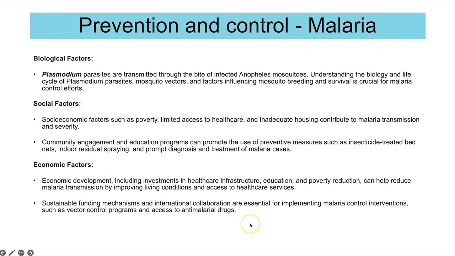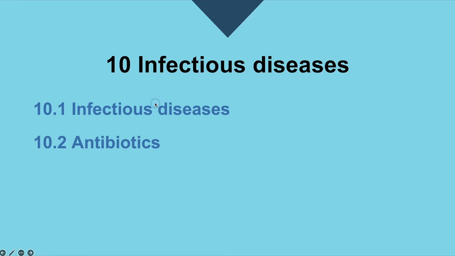To prevent that transmission, you can have medicines in advance, like antimalarial drugs, to try and prevent you getting the disease. But also things like insecticide treatments to kill those vectors, the mosquitoes, or bug spray to try and prevent yourself being bitten, and mosquito nets to prevent them being able to get to you when you're asleep at night in countries that have lots of mosquitoes.